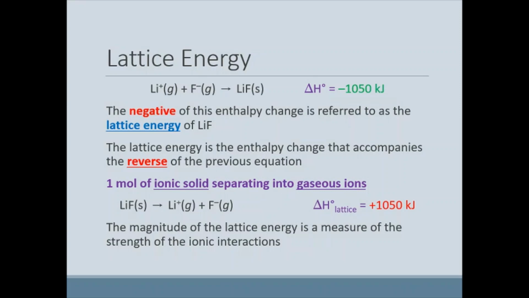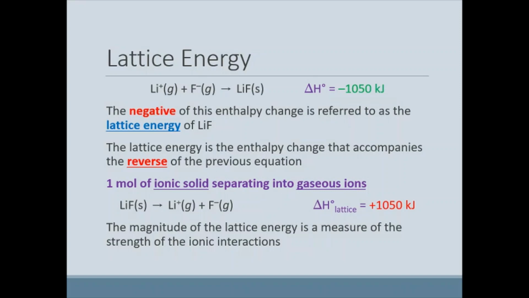And the delta H associated with that is going to be your negative 1050 kilojoules of energy. And so negative of that, or your positive 1050 kilojoules of energy, is just going to flip that arrow around. And so now you're looking at the lithium fluoride solid becoming lithium ion gas plus fluorine ion gas.